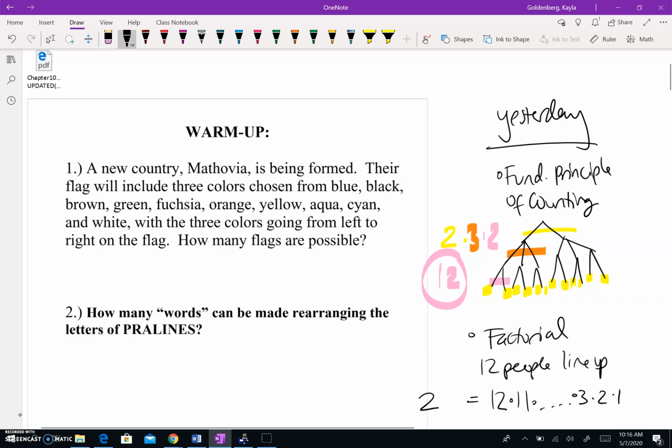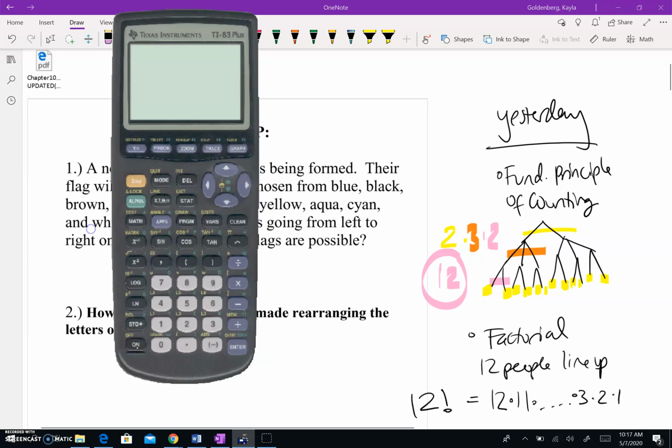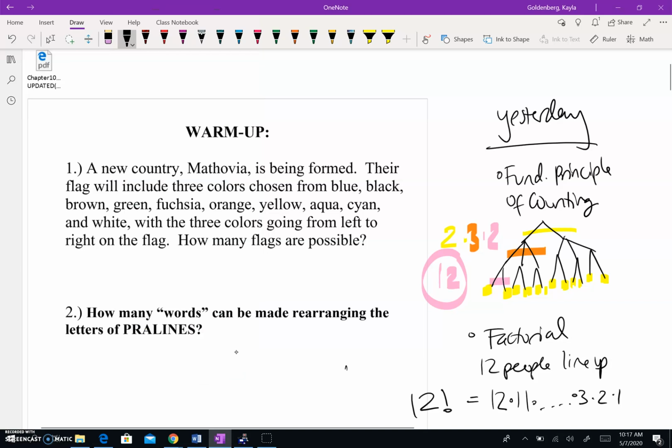Or you can use something called 12 factorial, which on your calculator, just a quick reminder, if I want to do 12 factorial, I do 12, go to my math button on the far left, arrow over to probability, and scroll down to the 4th option. That is your factorial. So it turns out there's quite a few different ways to line up 12 people in a line. So that's what we talked about yesterday.